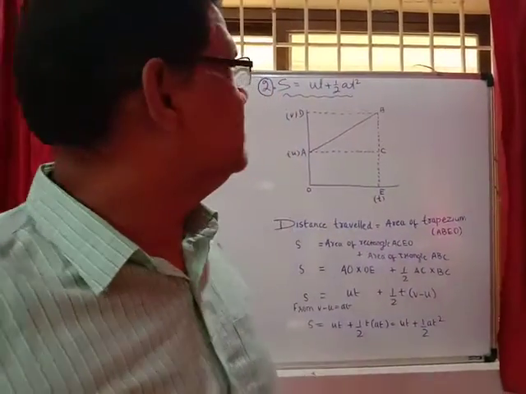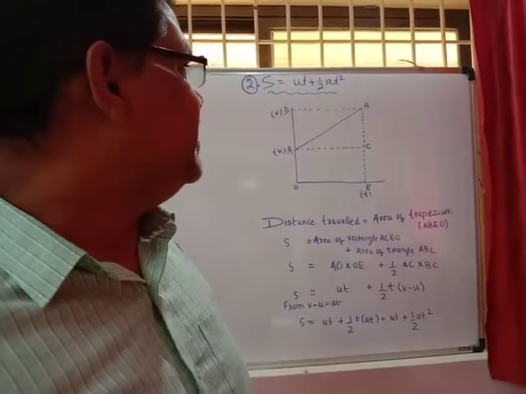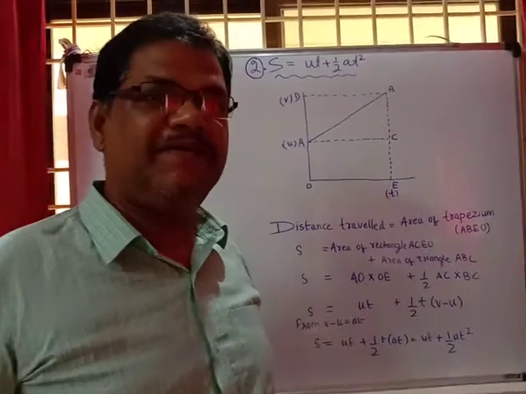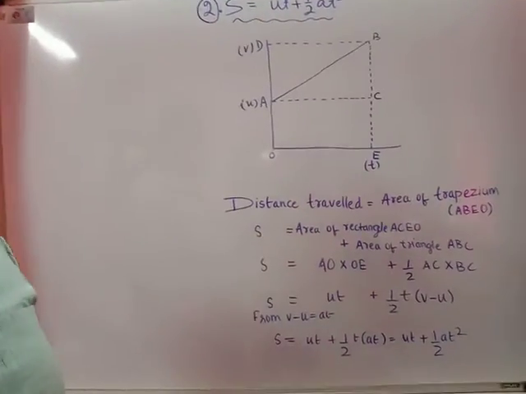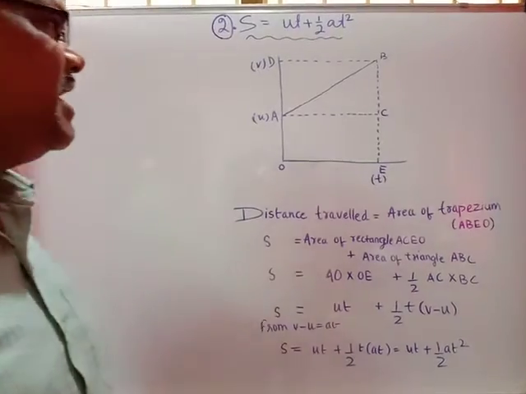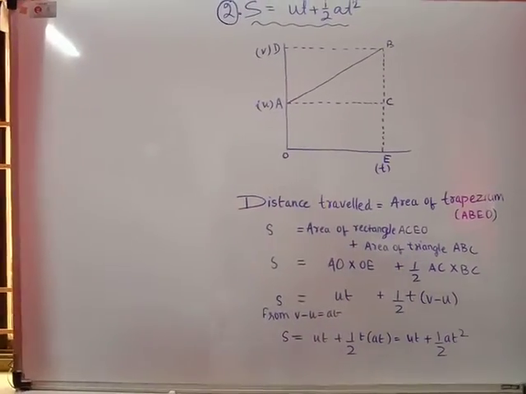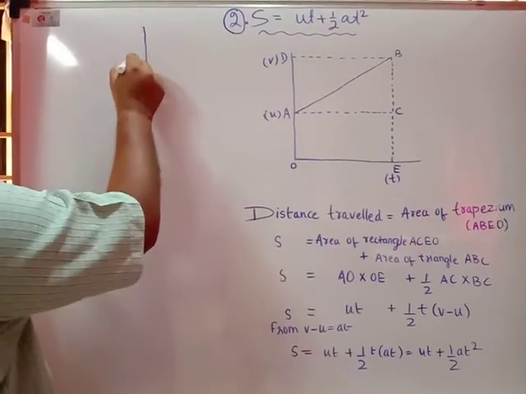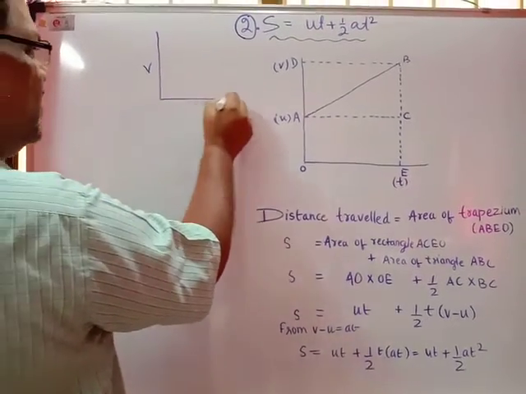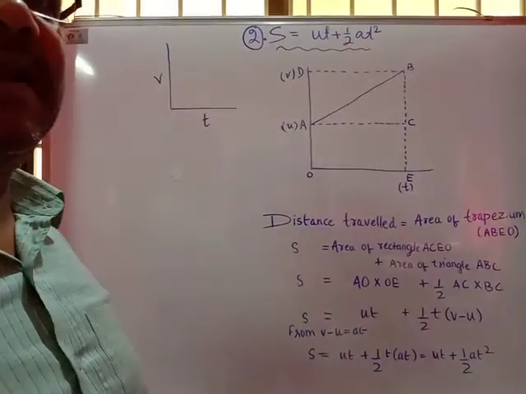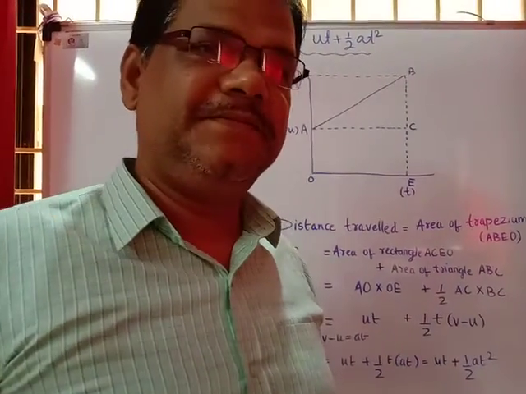In this equation, with the help of the Vt graph, we have to prove it by the velocity-time graph. And once again, I am reminding you that if the velocity is taken on the y-axis and time is taken on the x-axis, the graph so obtained is called a velocity-time graph.